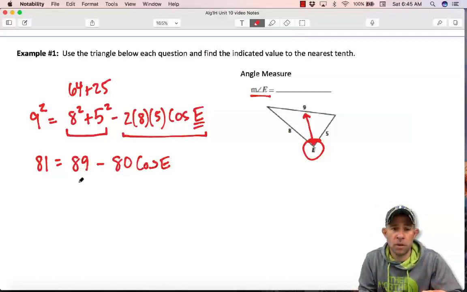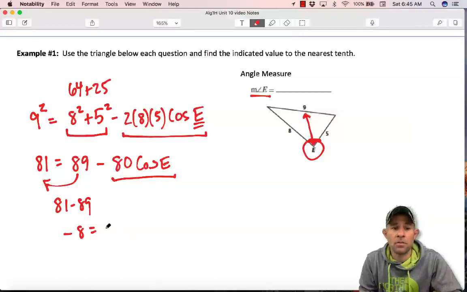I'm solving in parts, so I need to isolate this chunk with the variable on it, which has a negative sign attached to it. So I'm going to start by subtracting this guy over. 81 minus 89, and that's going to give me a negative 8, is equal to negative 80 times the cosine of angle E.